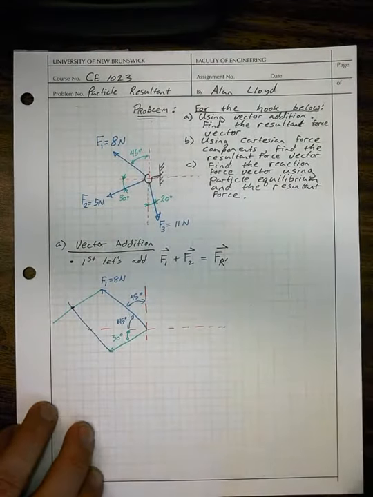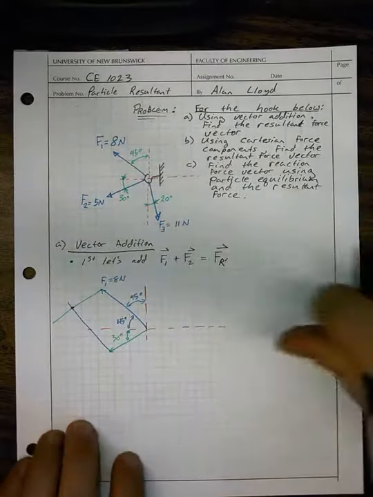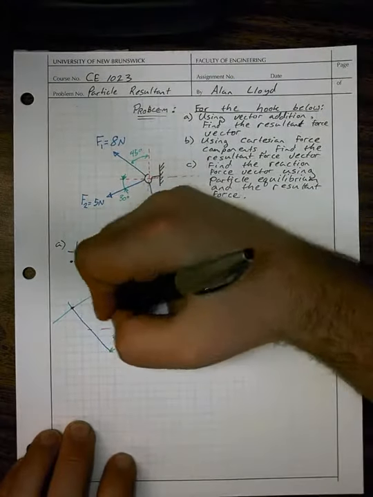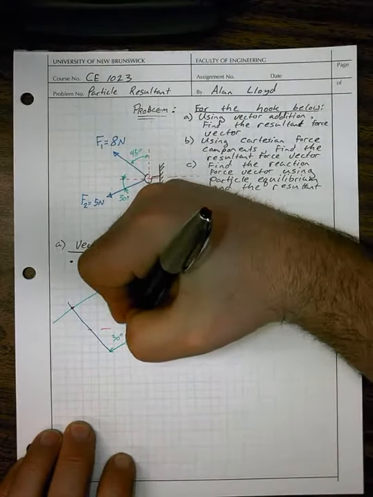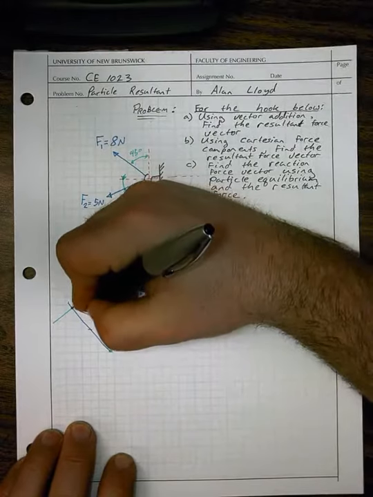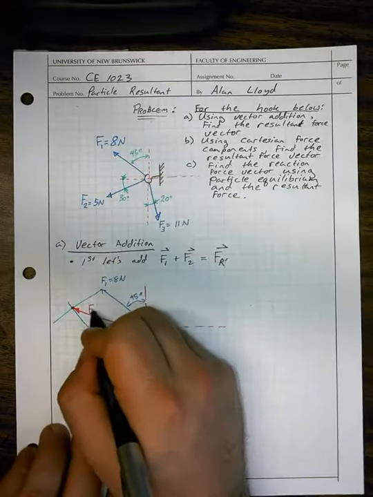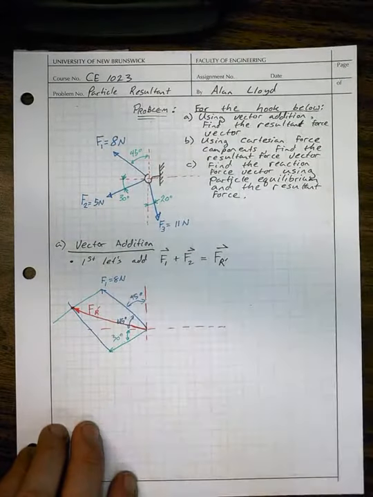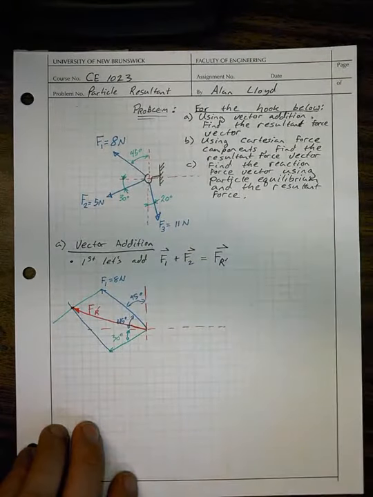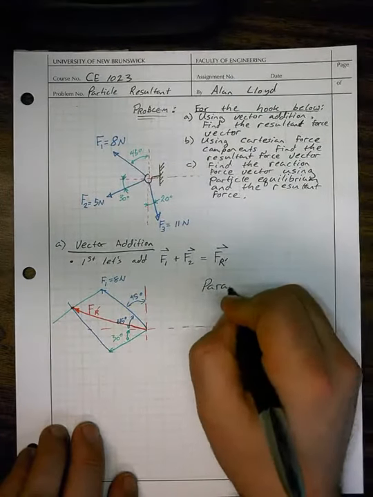Where they intersect is going to be the end point of our sum vector, of our vector sum F_R prime. So if we connected a line all the way up to this point here and drew an arrow there, the magnitude and direction of this is F_R prime. And that's what we want to determine, F_R prime. So this is our parallelogram.